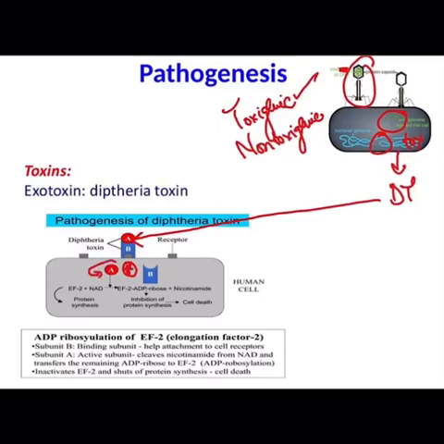This A subunit is actually enzymatic and it has ADP ribose group which attaches to elongation factor 2. Please remember, this elongation factor 2 is an important ribosomal protein that joins amino acids together during protein synthesis. So once there is ADP ribosylation of elongation factor 2, there is inhibition of protein synthesis and this leads to cell death.